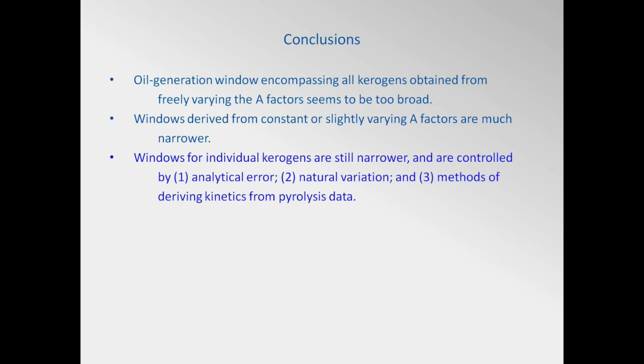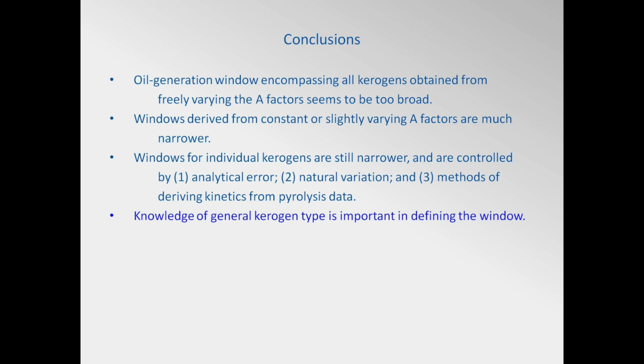Third, the generation windows for individual kerogens are still narrower than those for all kerogens and are controlled by analytical error, natural variation, and the methods we used in deriving our kinetic data from the raw pyrolysis data.